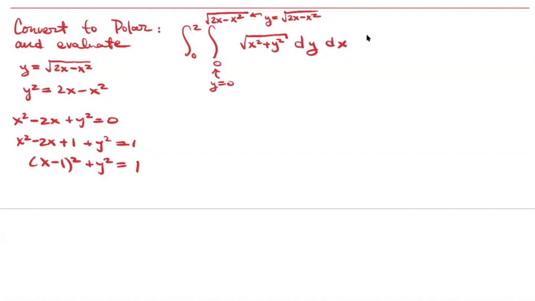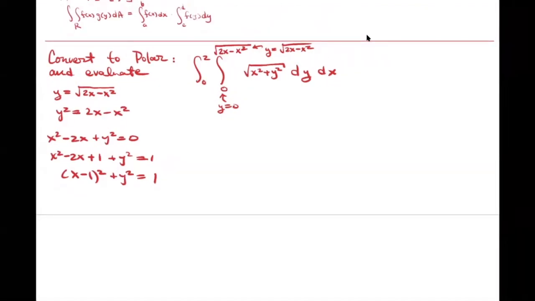Okay, that's a circle. But notice that y is greater than or equal to 0 on this, and that would be true here as well, y greater than or equal to 0, because it's a positive square root at the top. So the region you're integrating over is a semicircle.